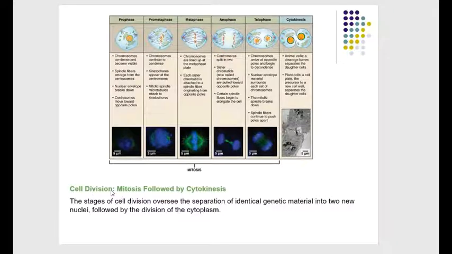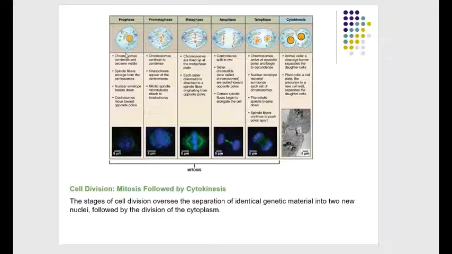Okay, let's talk about cell division, which is mitosis. Mitosis followed by cytokinesis. So when I was in school, we only had 4 phases, and we memorized those 4 phases as PMAT: prophase, metaphase, anaphase, and telophase, and then followed by cytokinesis.